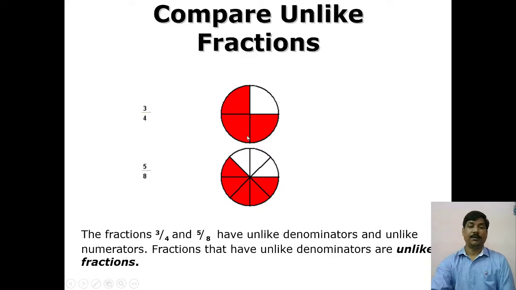So by this representation, we can easily find which fraction is greater. The fractions 3 upon 4 and 5 upon 8 have unlike denominators and unlike numerators. Fractions that have unlike denominators are unlike fractions.